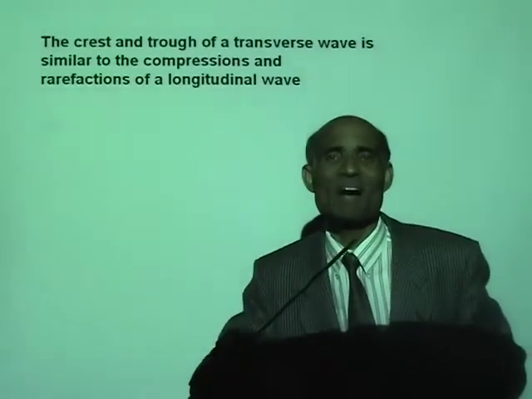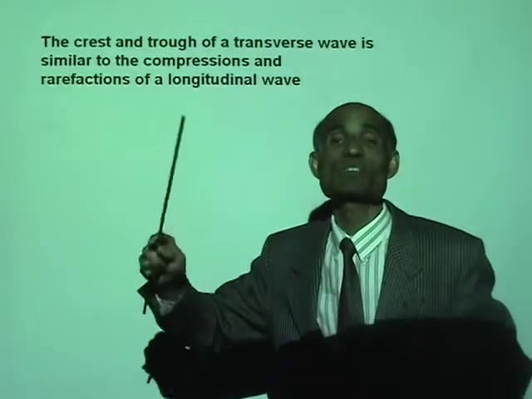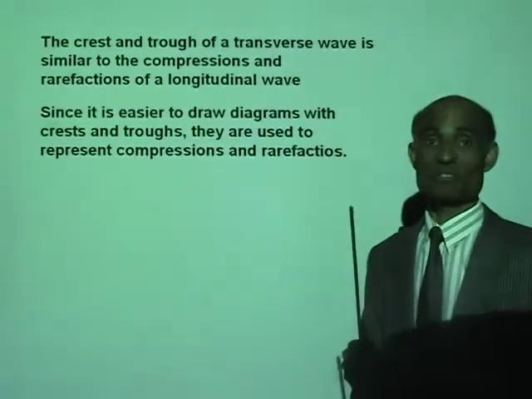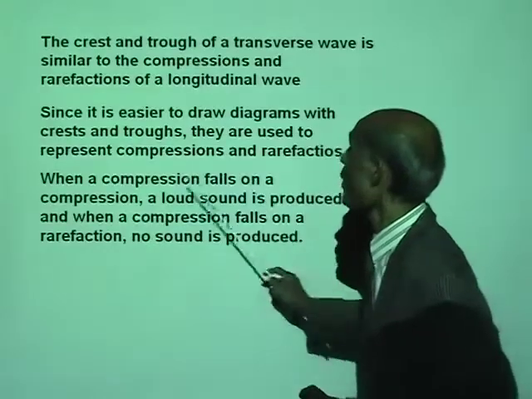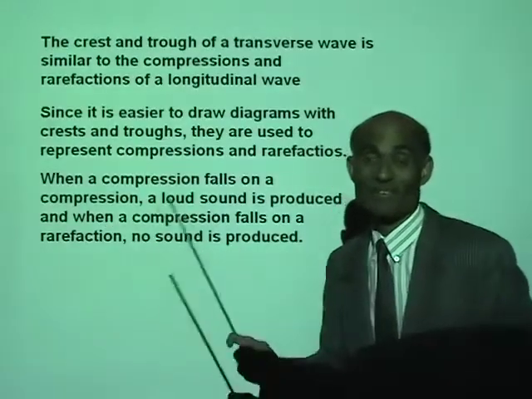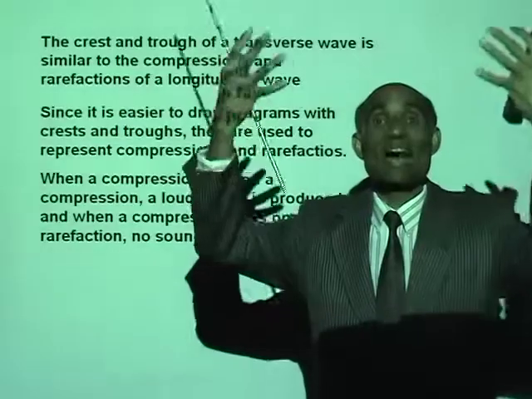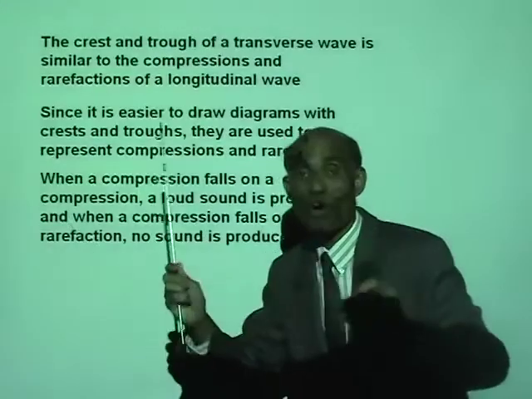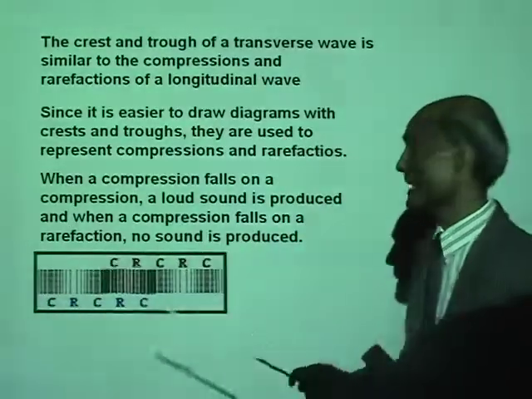And that's the reason why I used a transverse wave representation to draw the compressions and rarefactions. So, when a compression falls on a compression, you hear a loud sound. And when a compression falls on a rarefaction, you hear no sound.